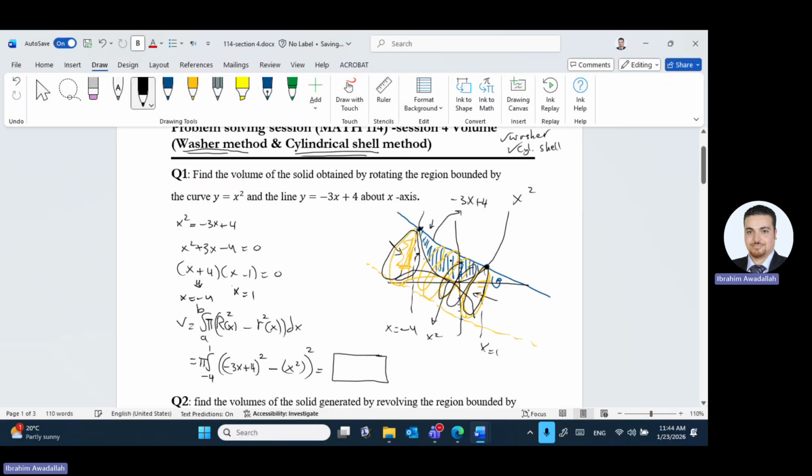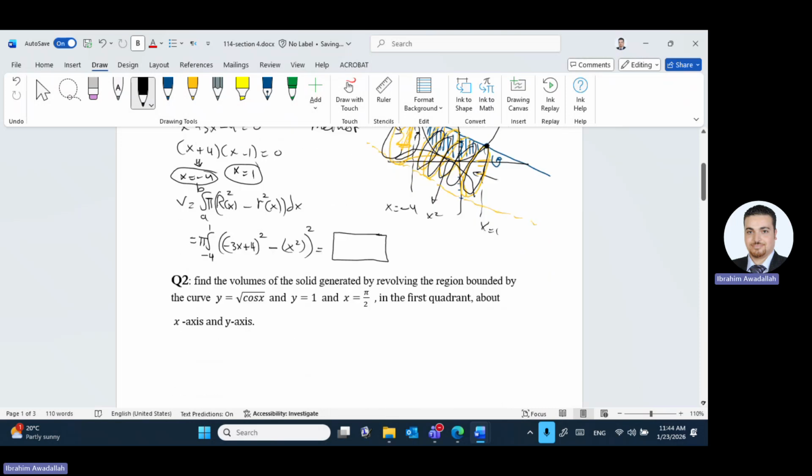I hope that the shape is clear for you. I hope you got the idea. This question by using washer method. We find the intercepts. Then my integration r capital square minus r small square by pi outside the bounded here.